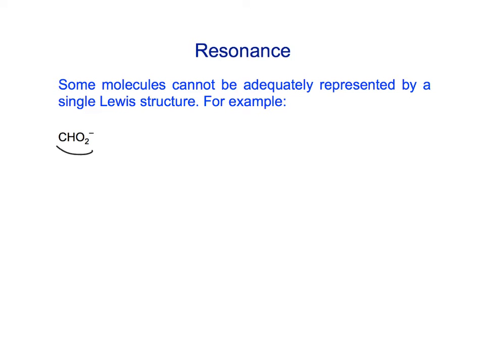Okay, so here's our formula, CHO2 minus. So first step, we calculate the number of valence electrons. We have 1 carbon, 4 electrons, 1 hydrogen, 1 electron, and 2 oxygens.